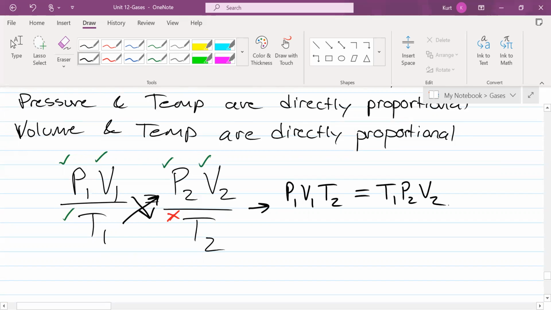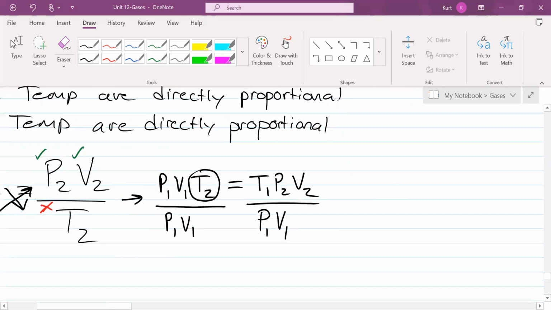So this is not chemistry right now. This is math. This is algebra. You want to cross multiply whenever you're trying to find the denominator. And now, Arshan, you're right, but we still have T2. How do we get T2 by itself now? You divide P1 and V1 on both sides. That's right.